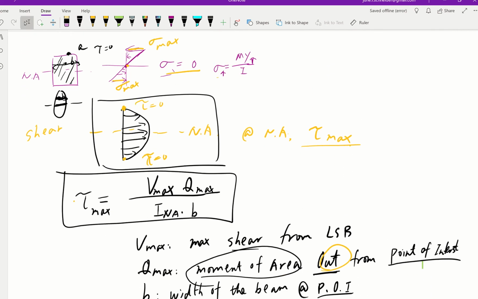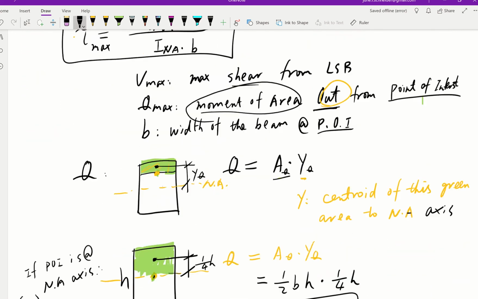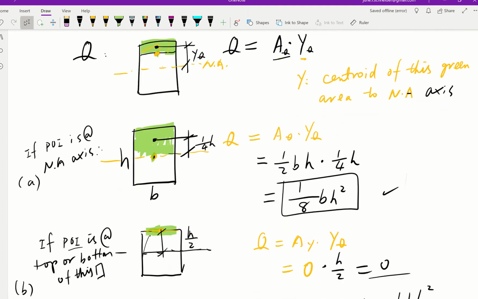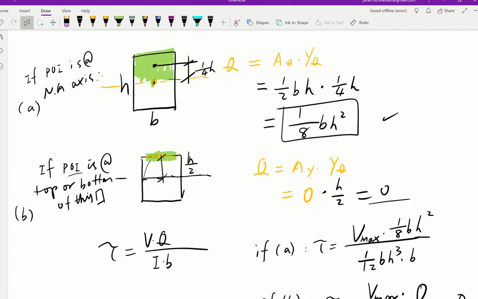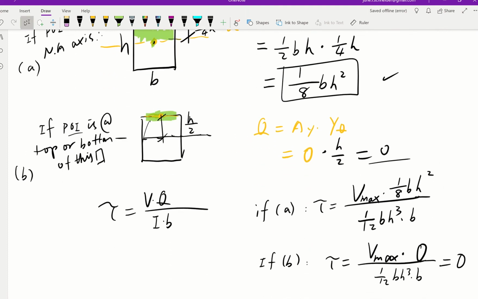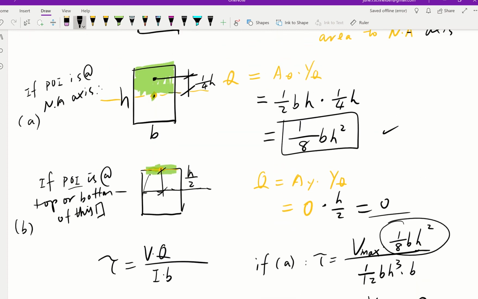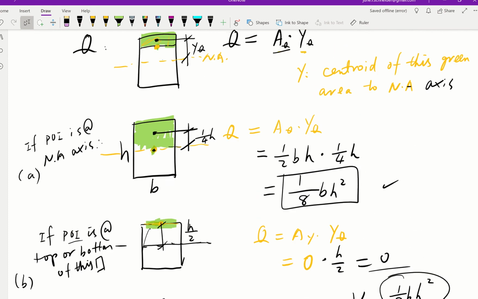However, at neutral axis, you reach the maximum because this value y, the Q here, gives you the maximum value if it is at centroid. Okay, so that's a lot for this problem.